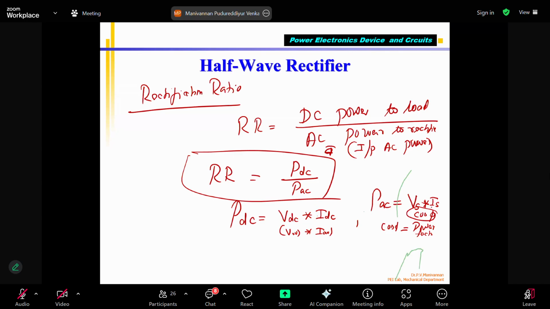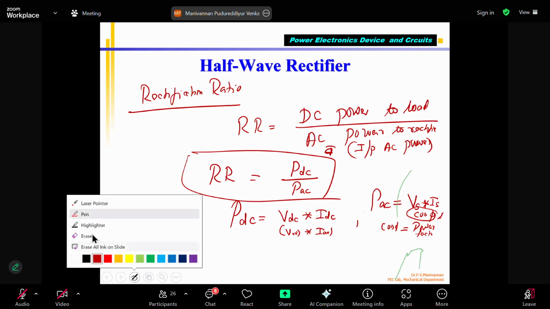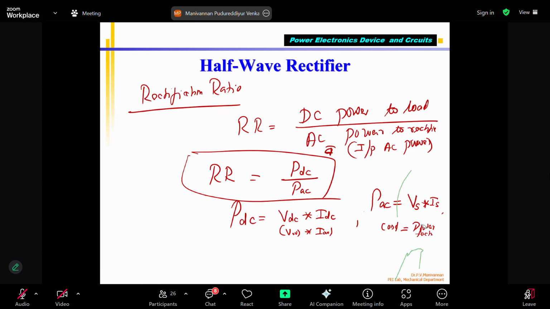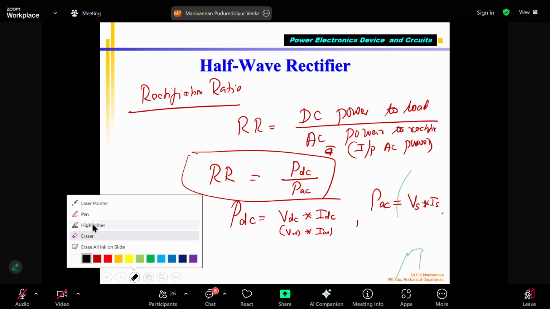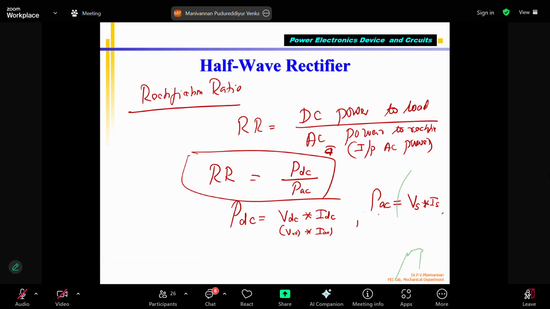So for our purpose, we say that this is 1. So in that case, we can remove this part. VL, you can say, is the secondary voltage multiplied by the secondary current. That is PAC, that you can calculate. Once that is known, automatically you can compute the rectification ratio using these two values.